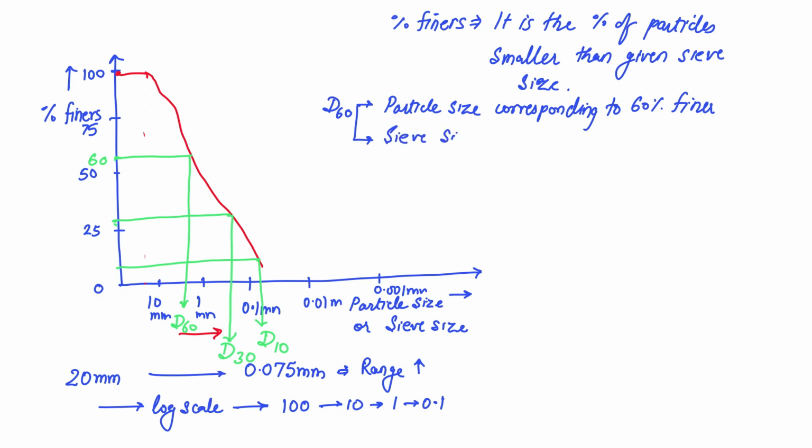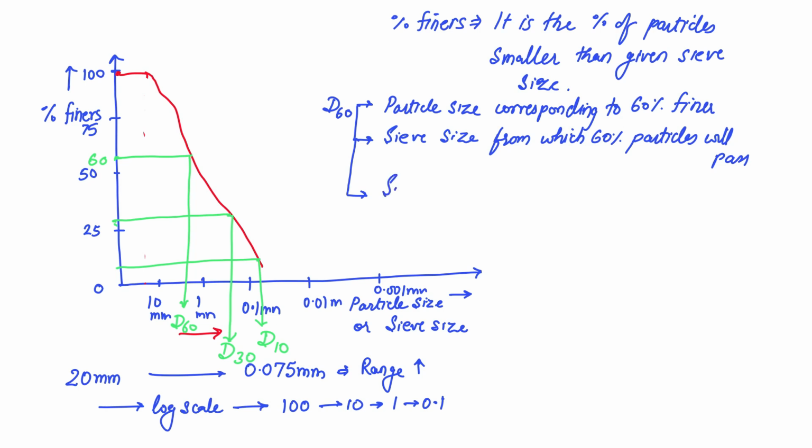It is also a sieve size from which 60% of particles will pass. So this is another definition. And now also understand, this is actually the particle size with respect to which 60% of particles are smaller, because obviously if the particle size is smaller than this particular opening size, then only the particles will pass.